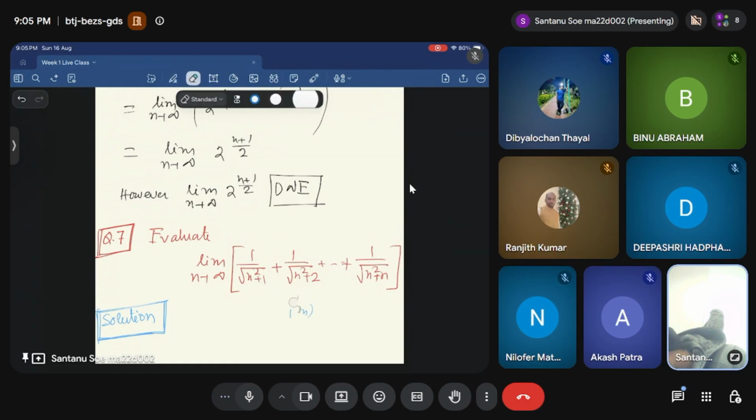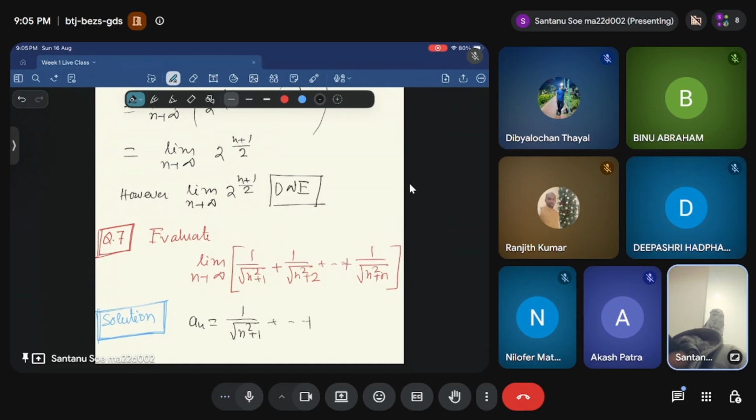Can you show some sequences bn and cn such that bn is less than or equal to an, which is less than or equal to cn, and the limits of bn and cn are the same? Is it possible? Can anyone do that?